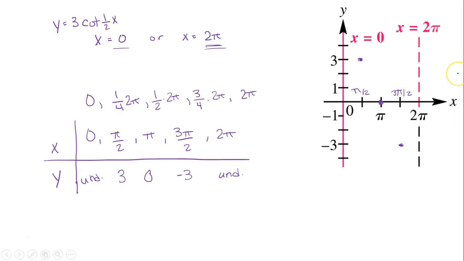Okay, and then it looks a lot like the tangent curve that we graphed in the tangent exercises previous to this. I'm going to pause it and you'll see what the graph looks like.